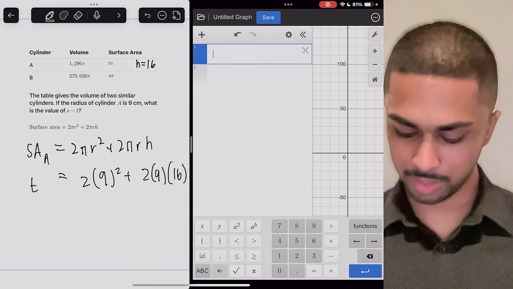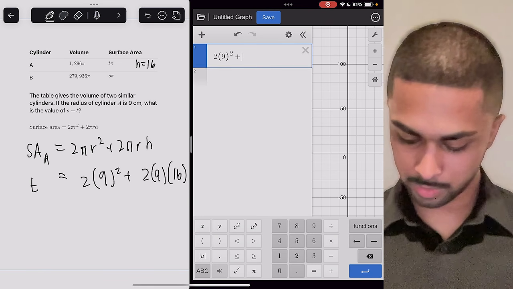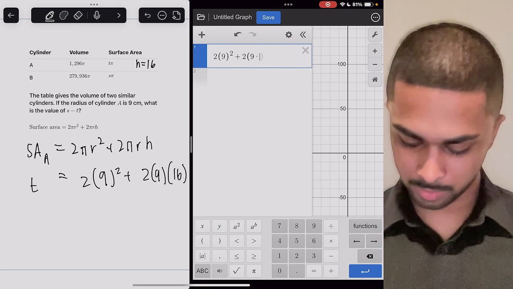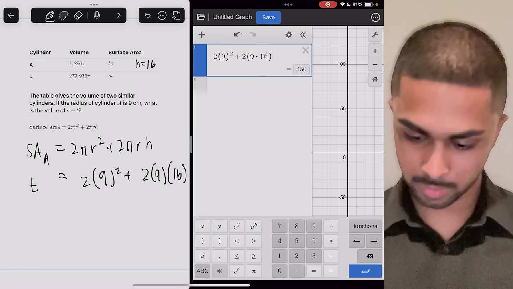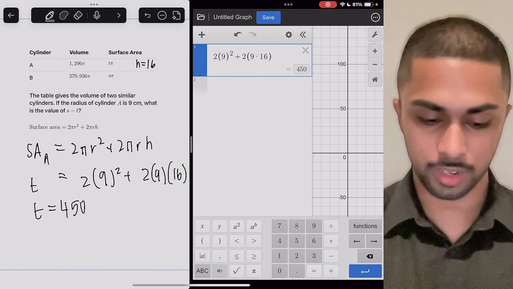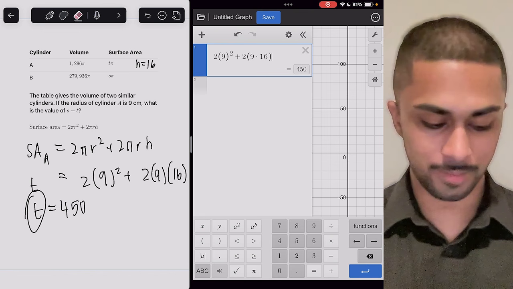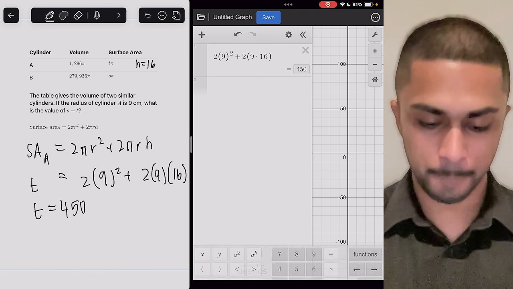That just makes it a little easier for us. Okay, perfect. So we just calculated that t is equal to 450. Not t pi, we calculated t because we divided the pi out.